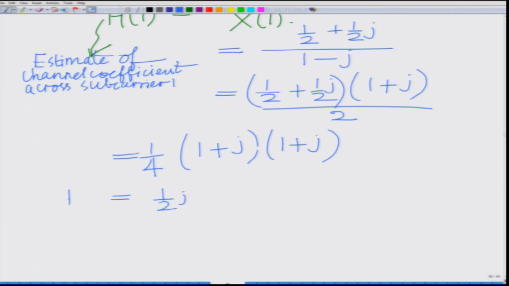So, H hat 1, the estimate of the channel coefficient across subcarrier 1, is Y1 divided by X1, which is half j.